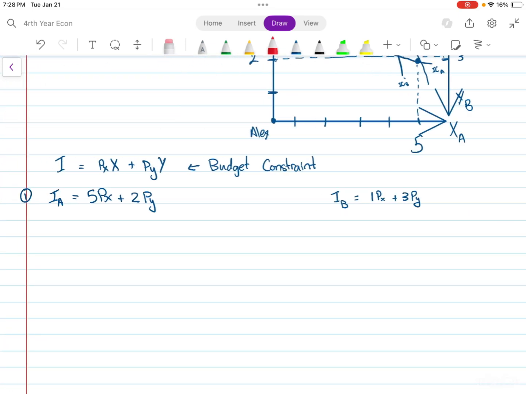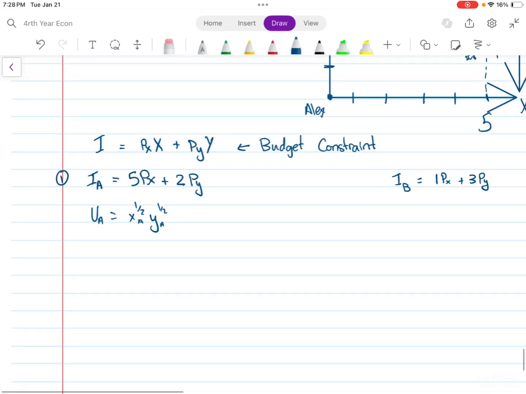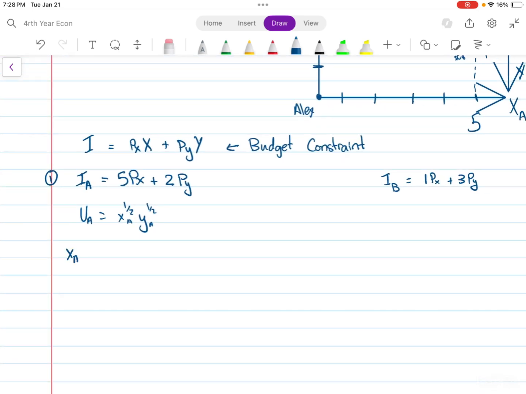Since we're given the utility function for Alex, we know that it is X to the power of 1/2 times Y to the power of 1/2. If we try to find the demand function for good X for Alex, we know that this is equal to A over A plus B multiplied by I over PX. Let's identify what the variables are.